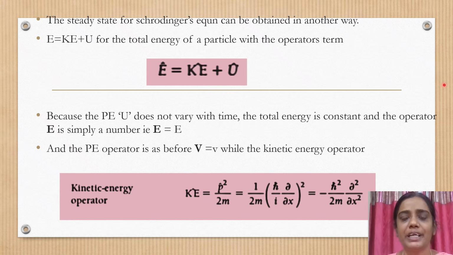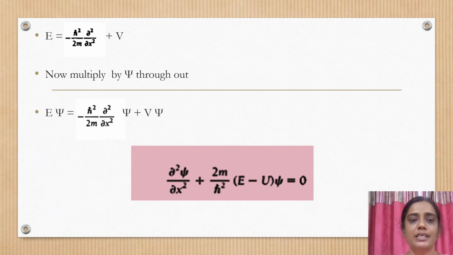Now substituting this in the total energy term, we have E is equal to the kinetic energy term plus the potential energy term. So it is written as E is equal to minus h cross squared by 2m dou squared by dou x squared plus V.